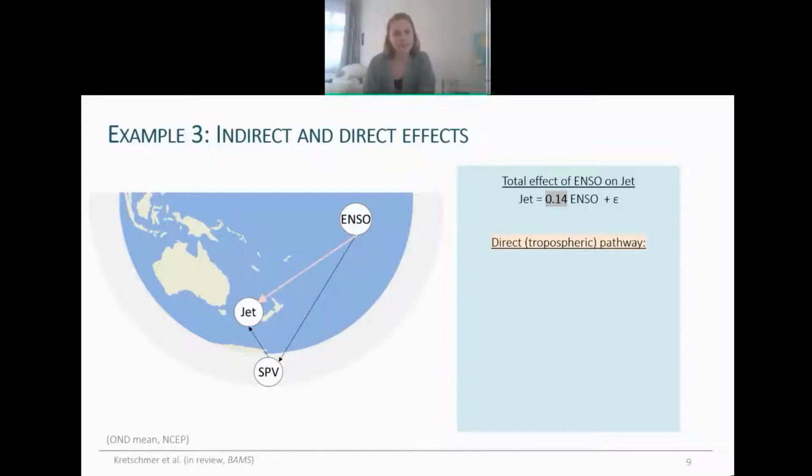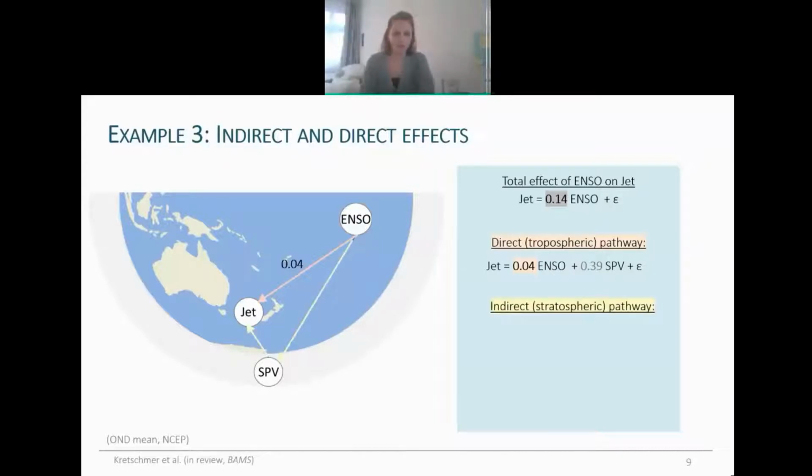In this case, we do have to control for the mediating pathway via SBV. We can do this by including the SBV simply in our regression model, and then find that the effect of ENSO via the troposphere is only 0.04.